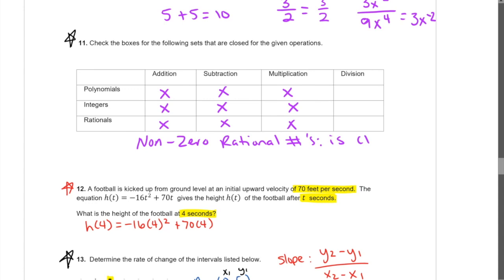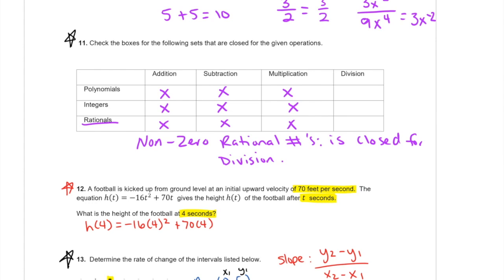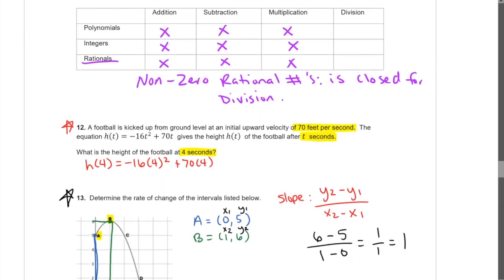So, it is closed for division. All right. So, that's a little hint right there, a little answer. So, if this said non-zero rationals, you would have checked it. But since it says just rational numbers, you do not check it. All right. Okay.